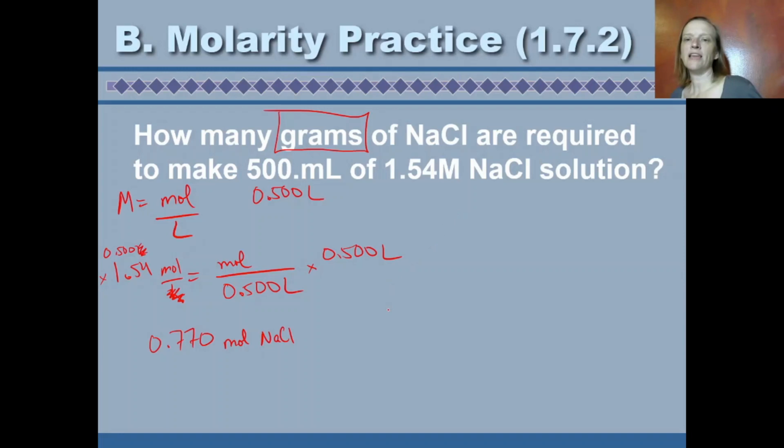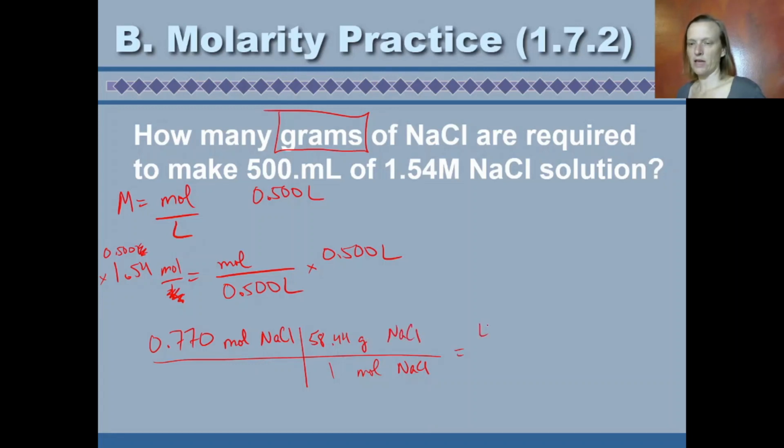And now we have to take that value and determine how many grams it is equivalent to. We've determined already today that 1 mole of NaCl has a molar mass of 58.44 grams.